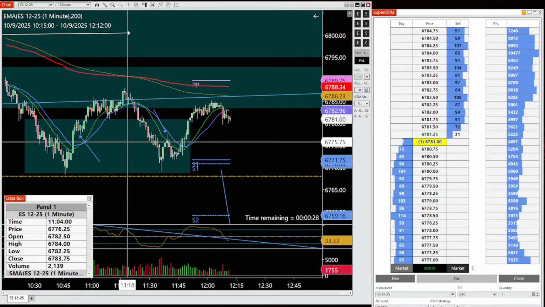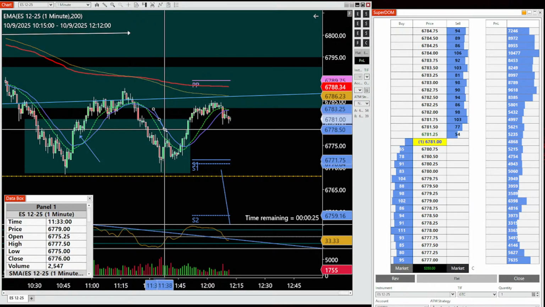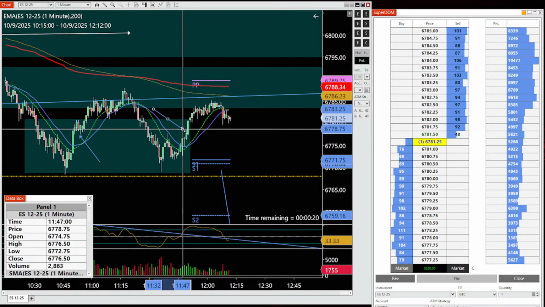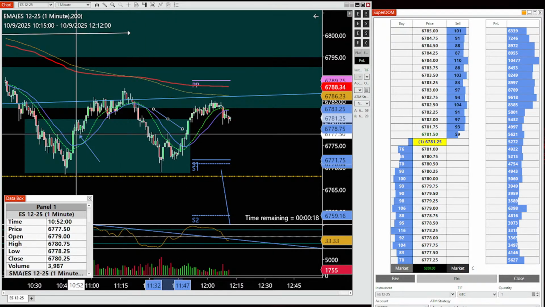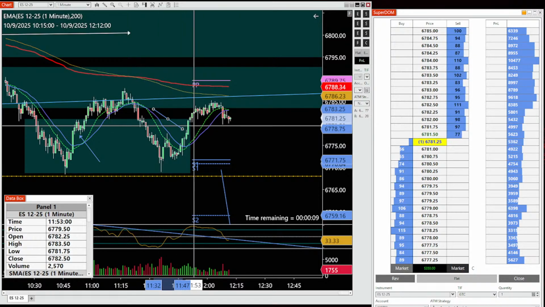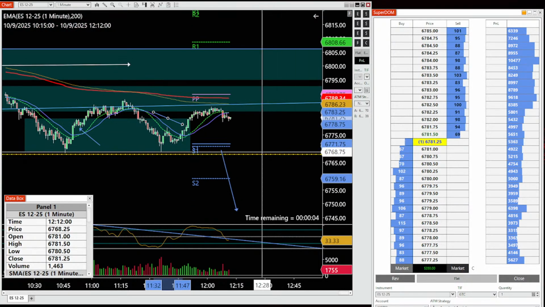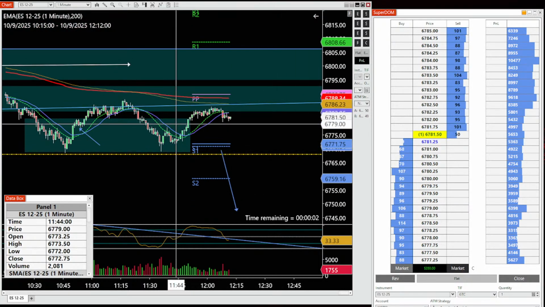So we got the 77 here, here, here, here. We broke out of 77 here, so gotta be mindful of these areas. 77.50, bounced up to. Holding a little higher now.